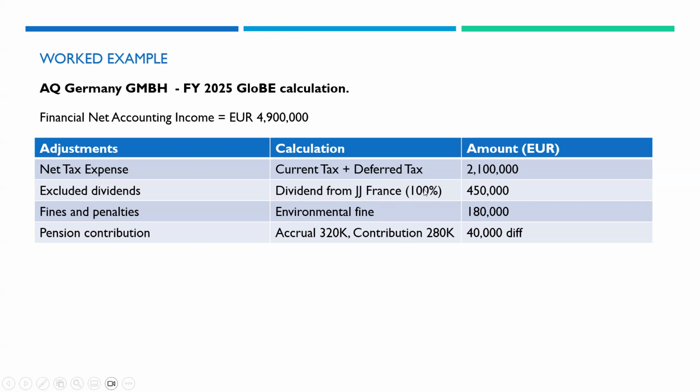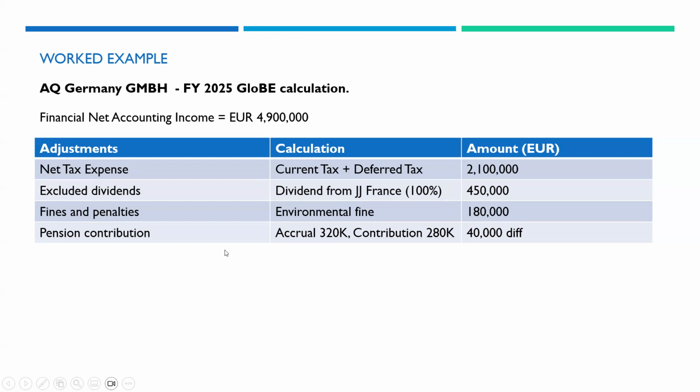It is not a short term portfolio holding. Now I got an environmental fine of 180,000. It is more than 50,000 euros. And of course, it is an environmental fine. It is not damages, compensatory damages, or late payment interest. So what I will do, I will add it to 4.9.